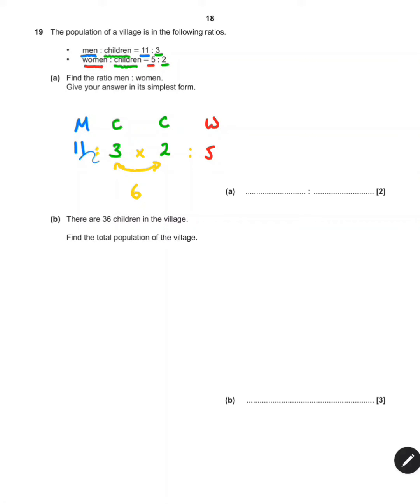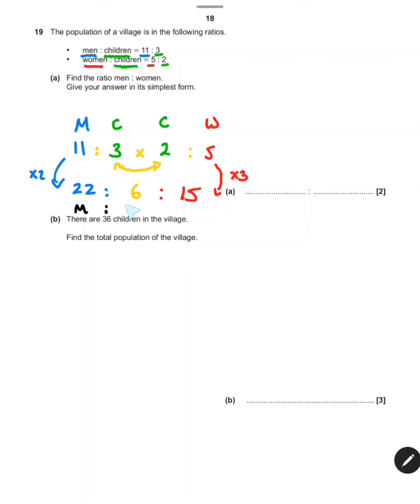I'm going to multiply this 11 by 2, and that would give me 22. On the second ratio, this 2 was multiplied by 3 to get 6. So I'm going to take this 5 and multiply by 3. 5 3s are 15.